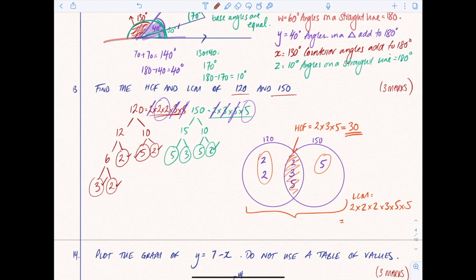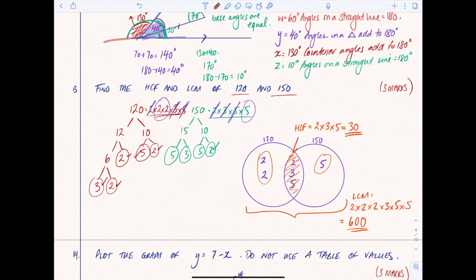When you actually do that, 2 times 2 is 4, 4 times 2 is 8, 24, 24 times 5 is 120, and then 120 times 5 is 600. Okay, so your lowest common multiple ends up being 600. Okay, so that's one way of doing highest common factor, lowest common multiple.